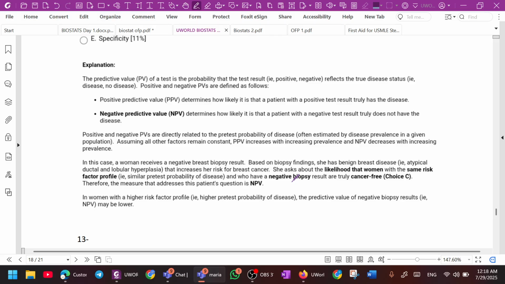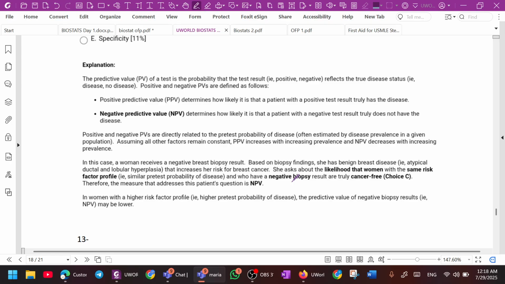She asks about the likelihood that women with the same risk factor, a similar pretest probability of the disease, and who have a negative biopsy result are truly cancer free. Therefore, the measure that addresses the patient's question is negative predictive value.